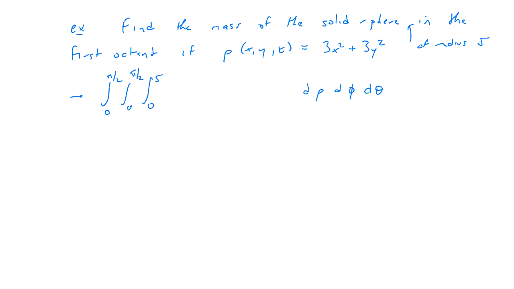Now we have the conversions. What does 3x squared plus 3y squared become? And then we just have to write that in terms of rhos and phis. It's kind of a pain.